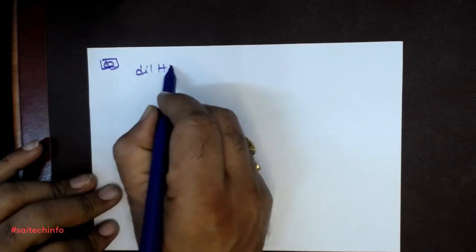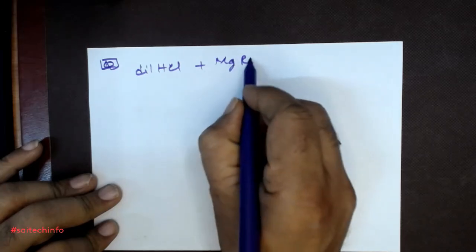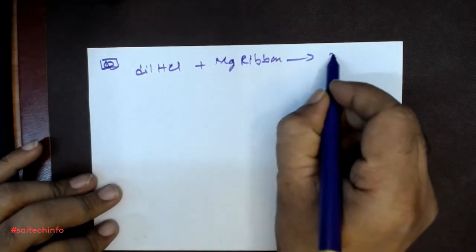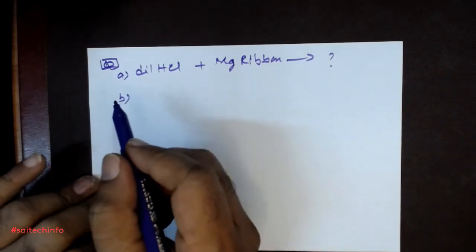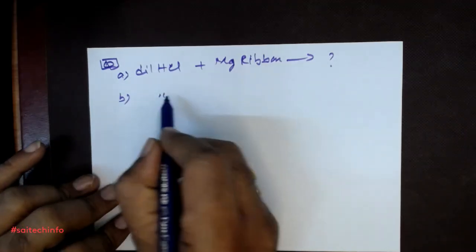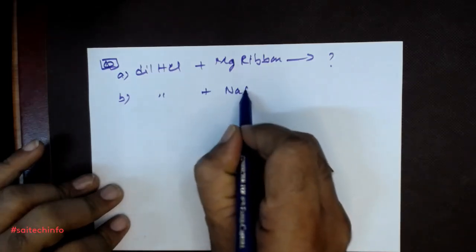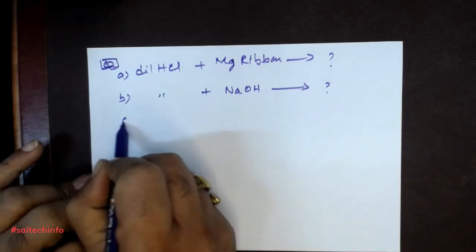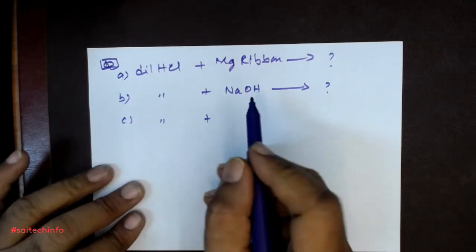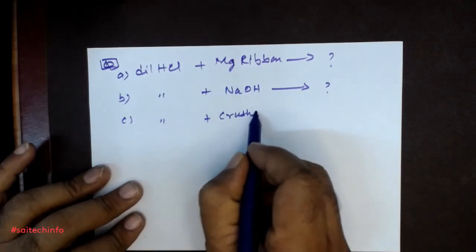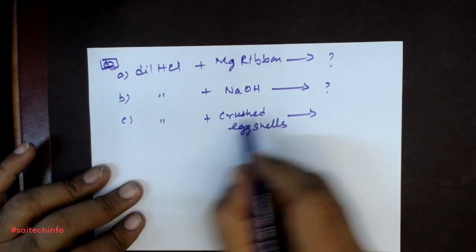Dilute HCl with magnesium ribbon. Similarly, dilute HCl with sodium hydroxide. Dilute HCl with crushed eggshells.